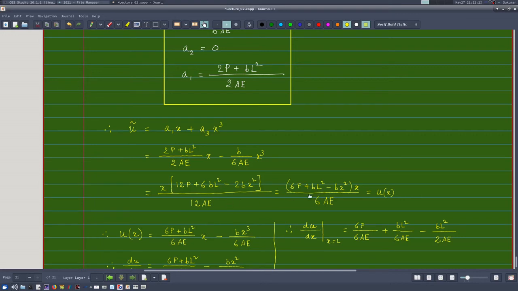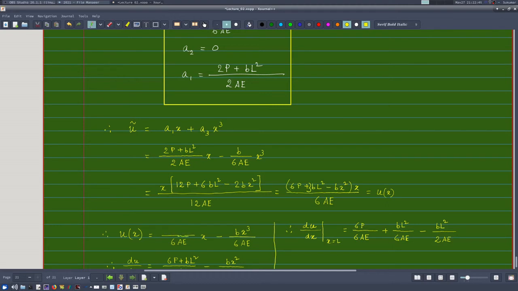This is where I have done the mistake. You see, I have divided by 2, so there should be a 3 here. This is where the mistake is. There should be a 3 here, and therefore this is 3bl square. Let me write it again.